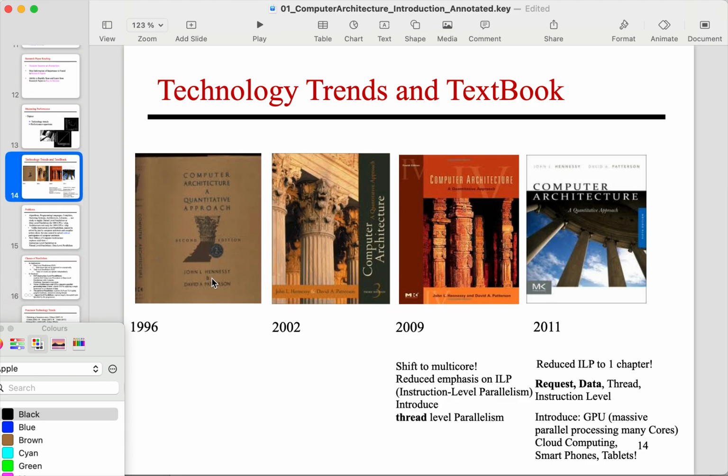This is how our textbook, Computer Architecture, looked 30 years ago, and every couple of years it gets a new version. The first was in 1996, another came in 2002, the next edition in 2009, and the next in 2011. You can see how new technologies are coming up and what changes are happening in the textbook.